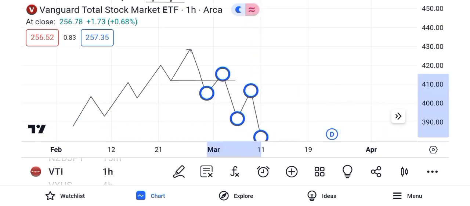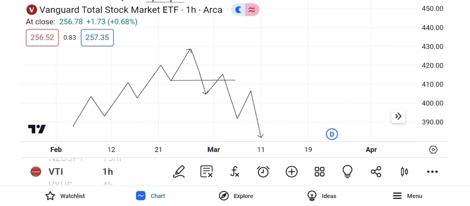So this is how the market changes from an uptrend to a downtrend. It's very simple. Whenever you see the move closing below the higher low, it means the market is likely to change its trend. I hope you are getting it.